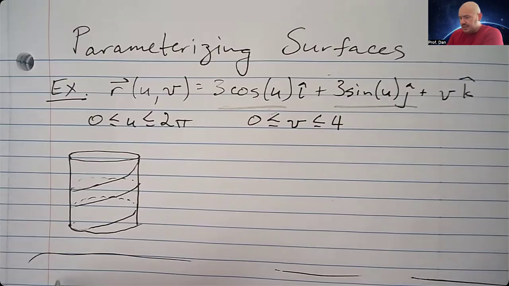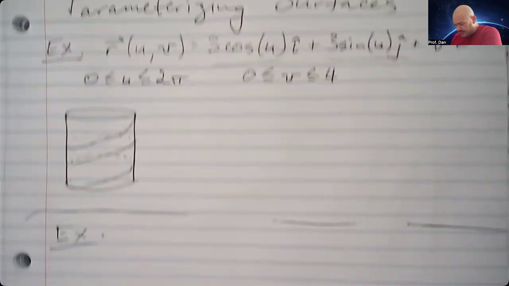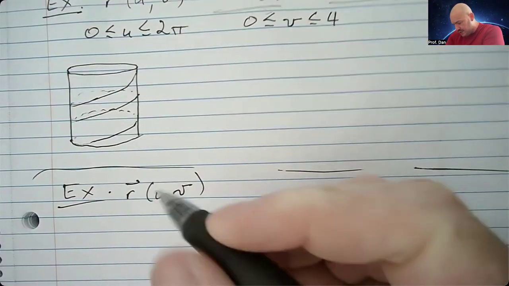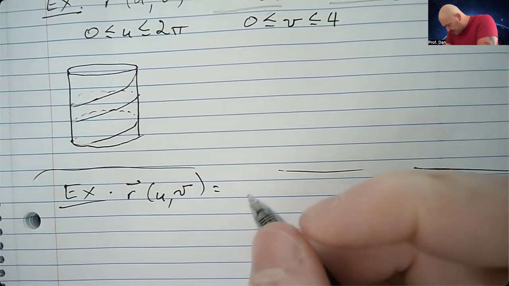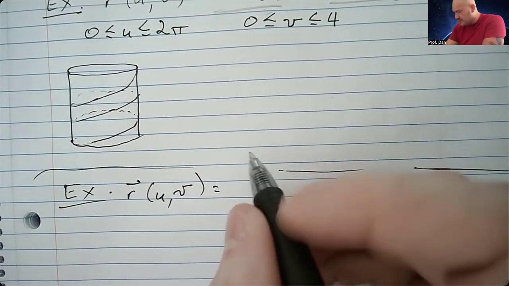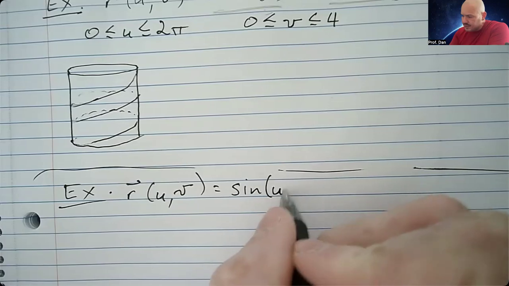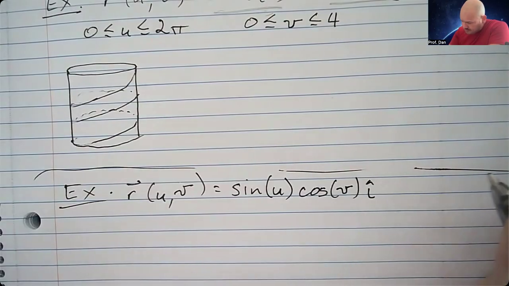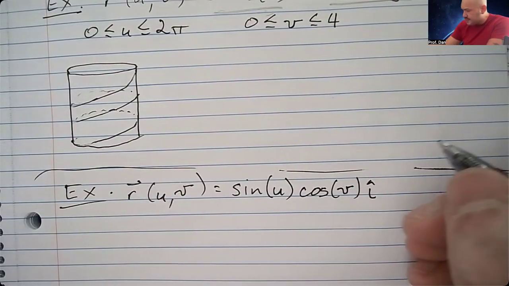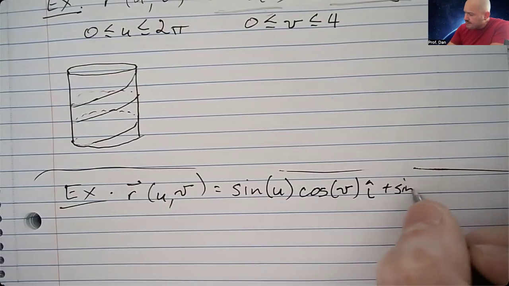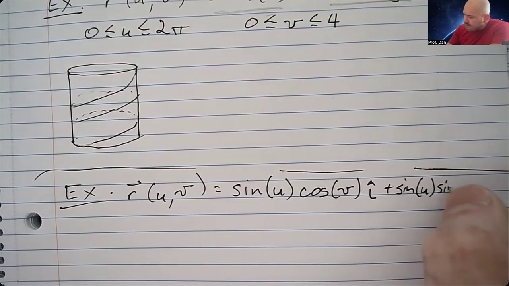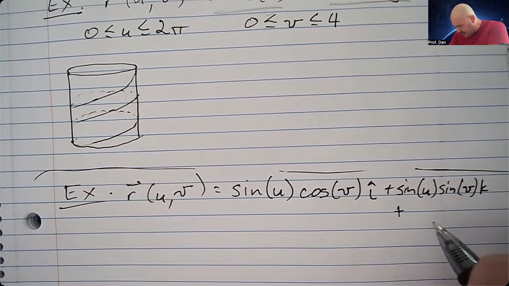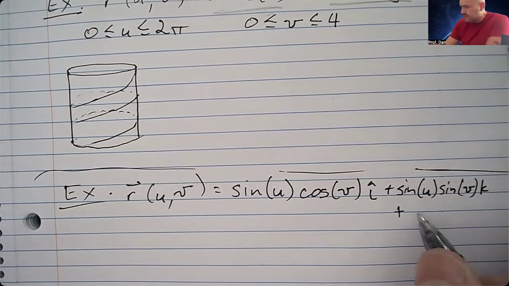Let's look at another example. Let's say that we're given a vector valued function, r of u and v. So u and v, again, are parameters. And this time we'll say that we have sine of u cosine of v i plus sine of u sine of v j plus cosine of u k.